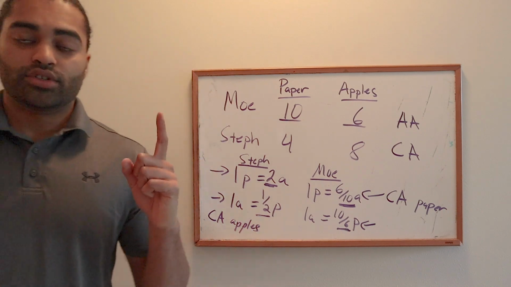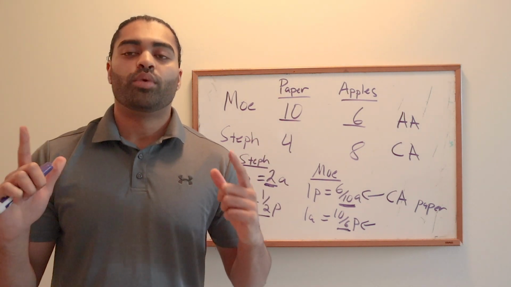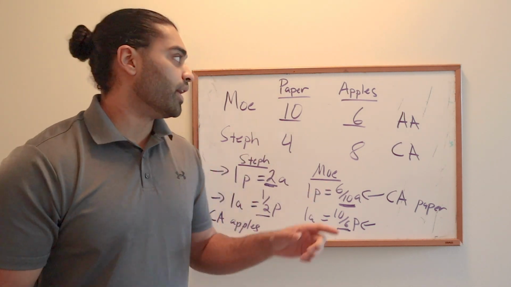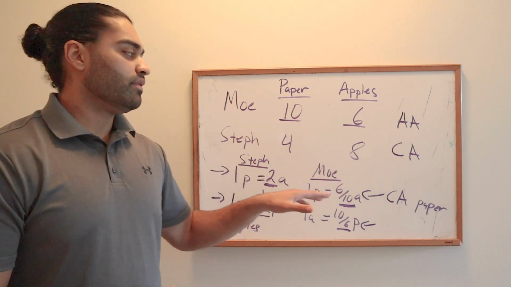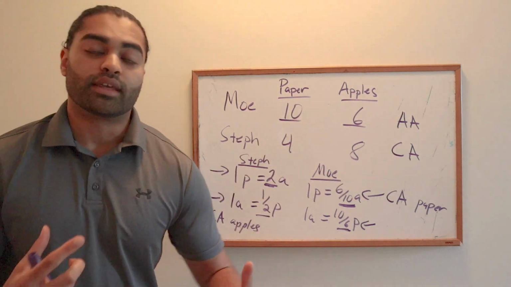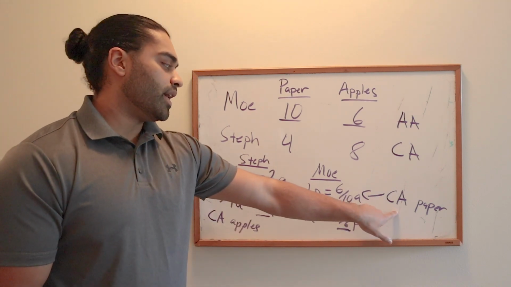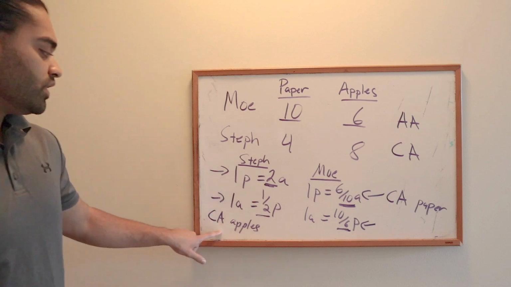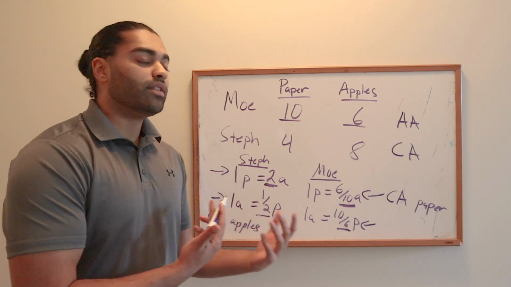Now, there's two individuals, each really good at making one certain product. What do you think they're going to do for the other product? Both of them have the ability to produce both products. But in this case, they're going to trade. The key thing to remember here is trade. Mo's really good at making paper. Steph's really good at producing apples. So they're going to trade their products.